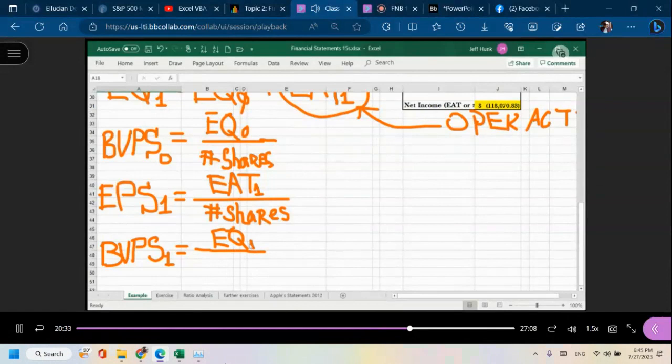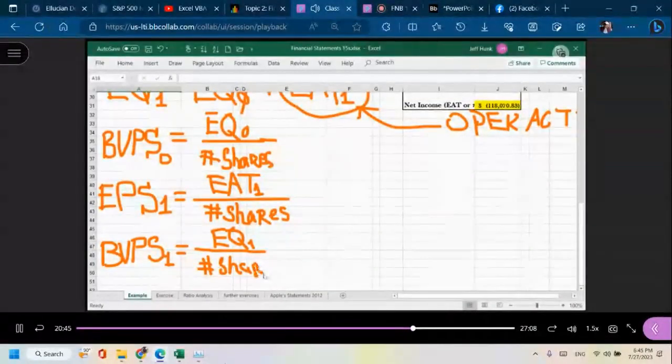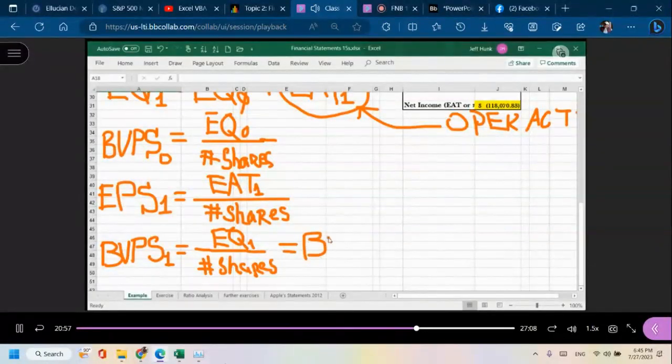Isn't it simply equity at time 1, divided by number of shares? Yes, that's true. But also, we can rewrite it.